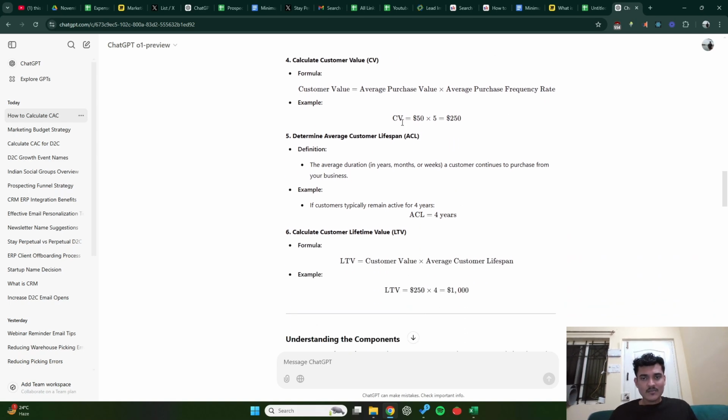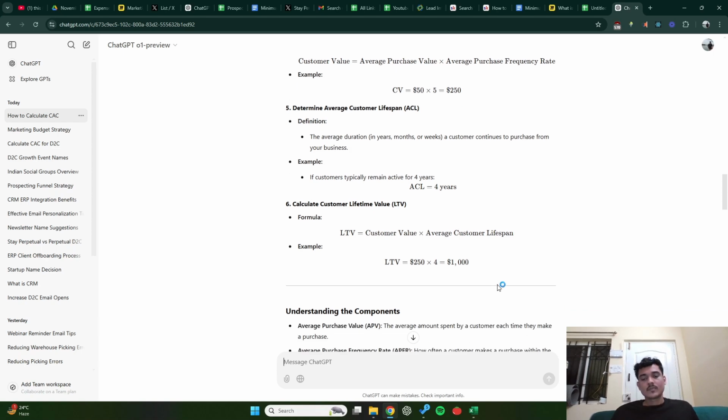After we have calculated CV, say $250, we also need to determine the average customer lifespan, the average duration. We could say customer lifespan is 4 years or 2 years. For a 1 year subscription, say you've subscribed to Salesforce for 1 year, the ACL would be 1 year. So LTV is customer value times ACL, so 250 times 4 is equal to $1,000.